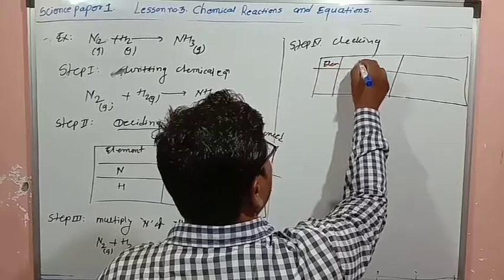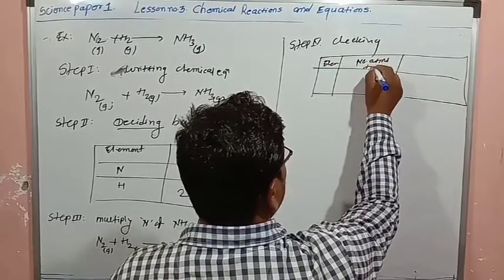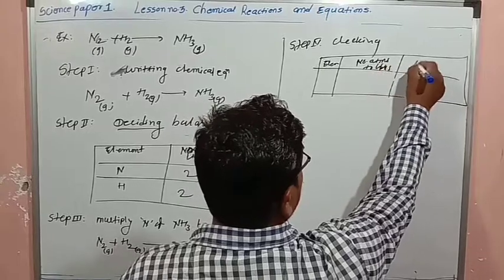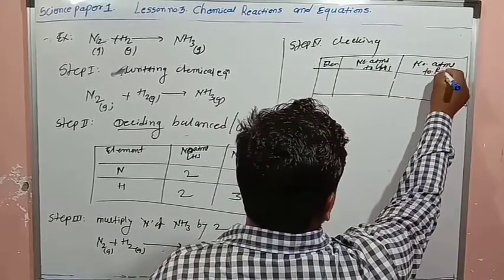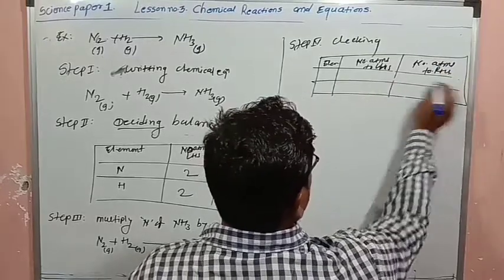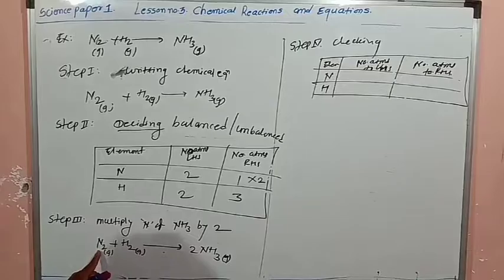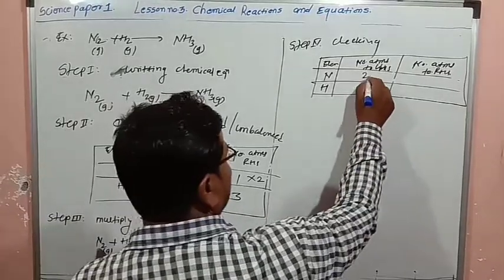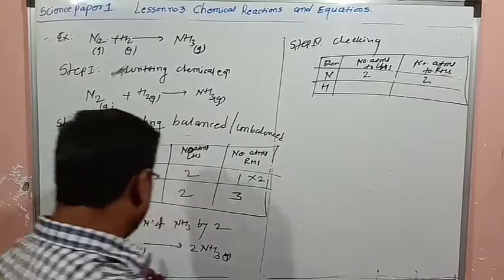Element, number of atoms on the LHS, number of atoms on the RHS. Nitrogen is there, hydrogen is there. In this chemical equation, nitrogen is 2 on this side and 2 on this side.